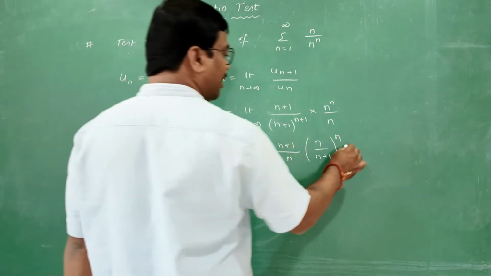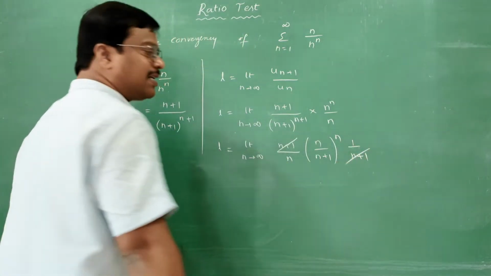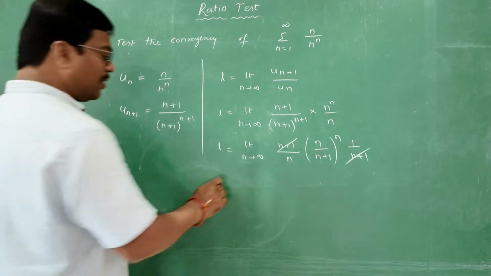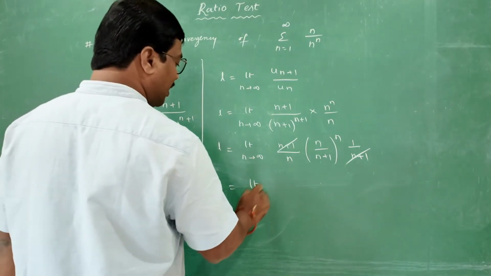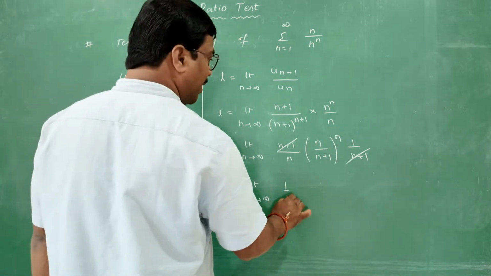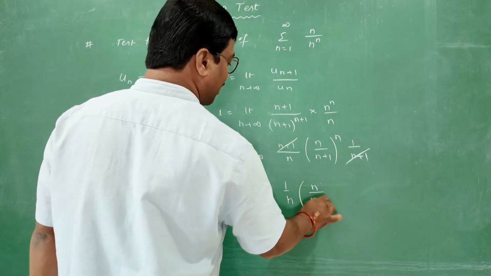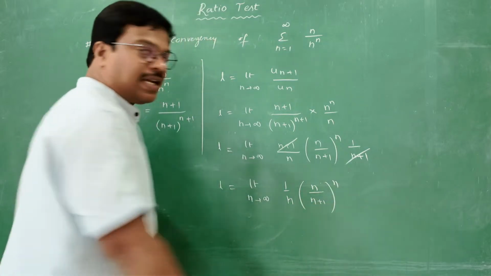Remaining n plus 1 in the denominator part I am going to write. N plus 1 gets cancelled. Now L equals limit n tends to infinity, this is 1 by n. Next here it is n by n plus 1 whole power n.